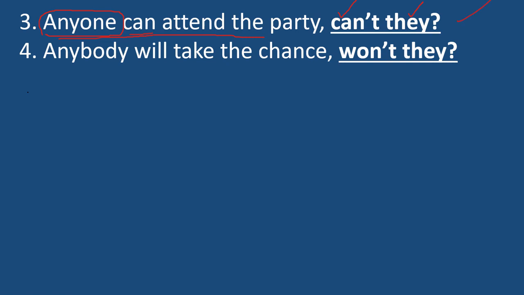Okay, next one, anybody will take the chance. Here anybody is an indefinite pronoun, so we should write they as a subject pronoun. Okay, next one, will is an auxiliary verb. This is a positive statement, so we should write will plus not as won't. Won't they is the answer.